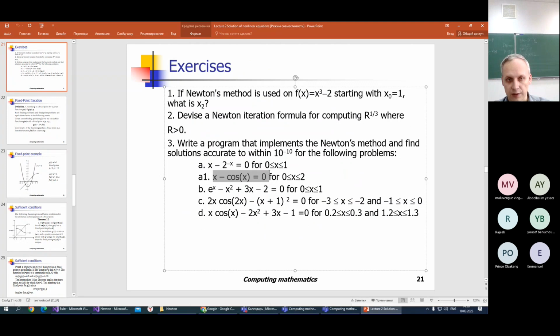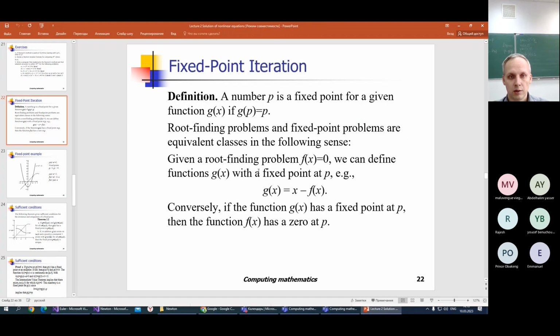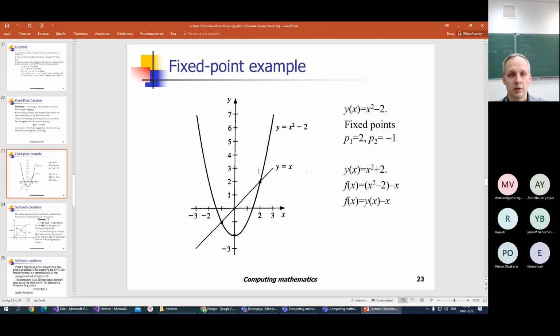Let's take this example, x minus cosine x. So let's consider f of x equals x minus cosine x. And I ask you to compute the first 2 points using the fixed point iteration method.